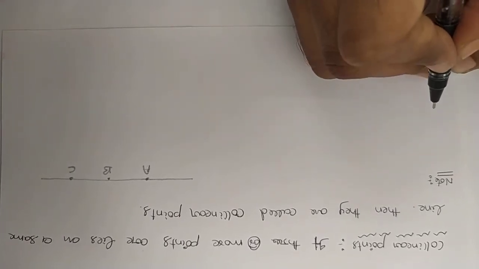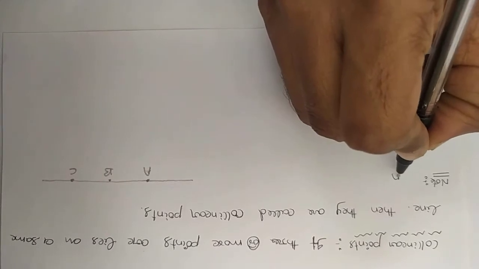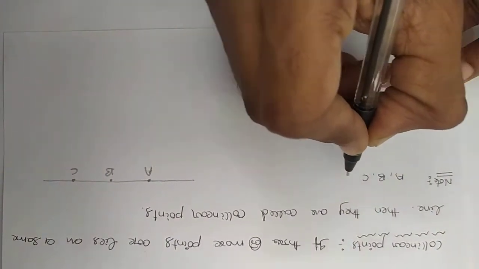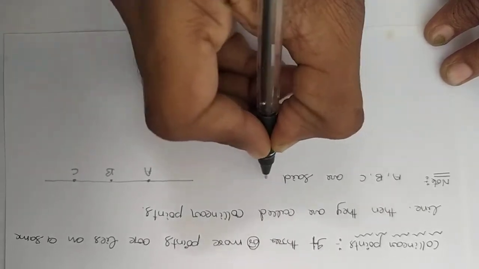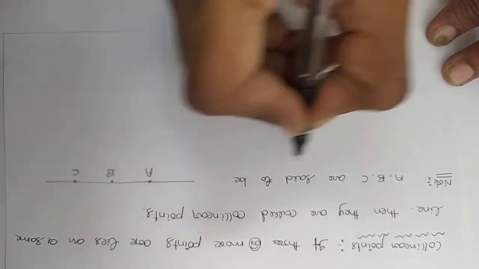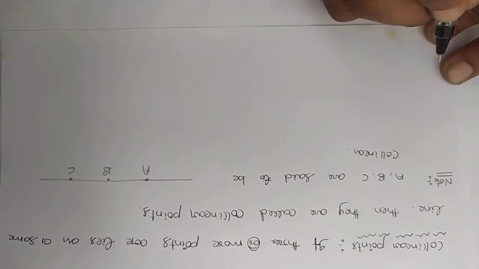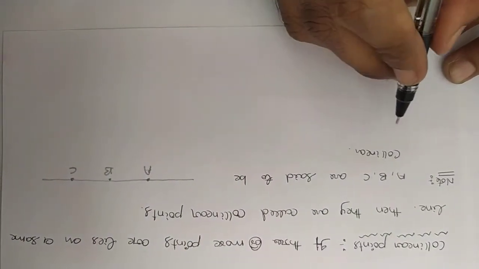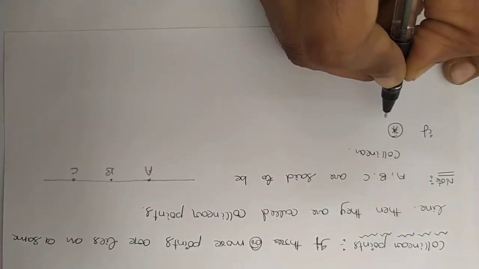Three conditions we have. You can use any one. A, B, C are said to be collinear if any one of the conditions is satisfied.